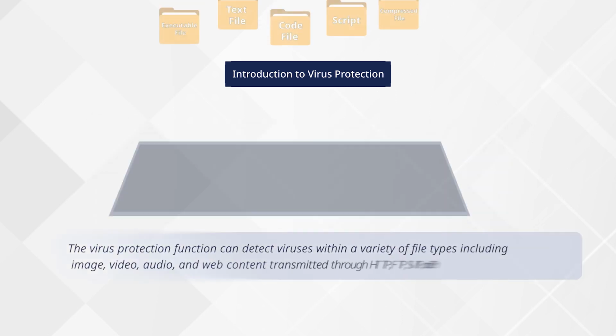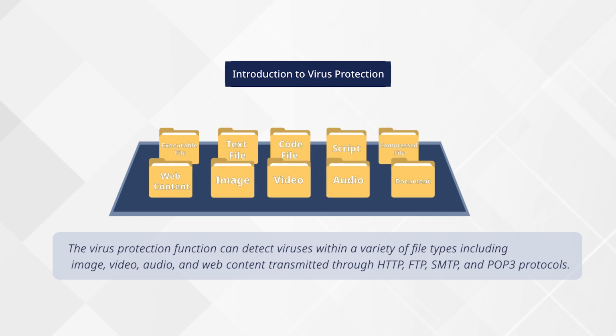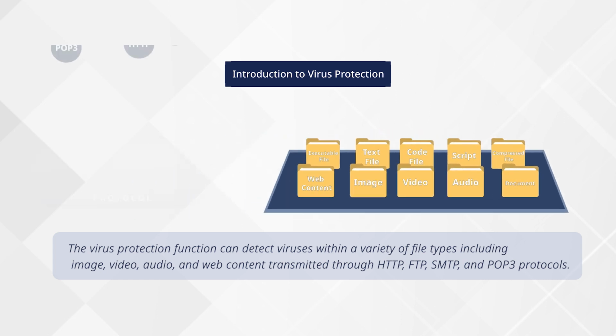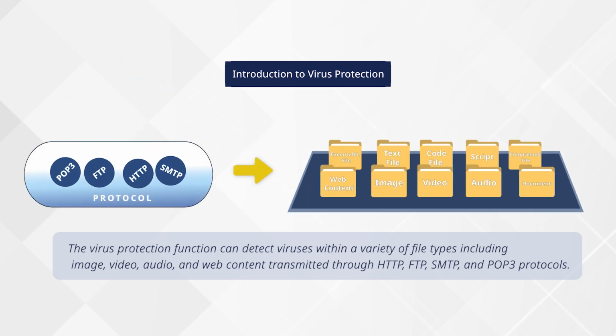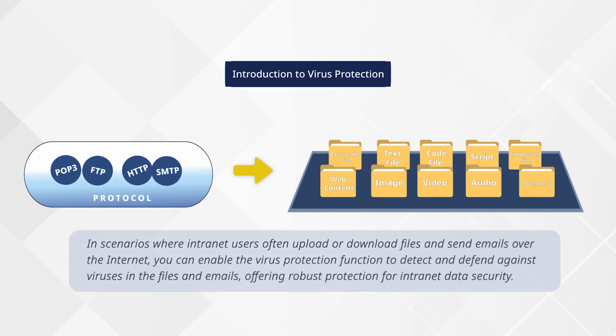The virus protection function can detect viruses within a variety of file types including image, video, audio, and web content transmitted through HTTP, FTP, SMTP, and POP3 protocols. In scenarios where intranet users often upload or download files and send emails over the internet, you can enable the virus protection function to detect and defend against viruses in the files and emails, offering robust protection for intranet data security.